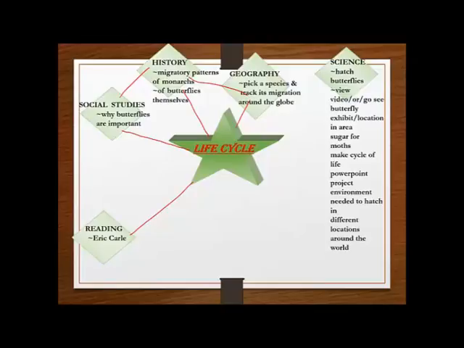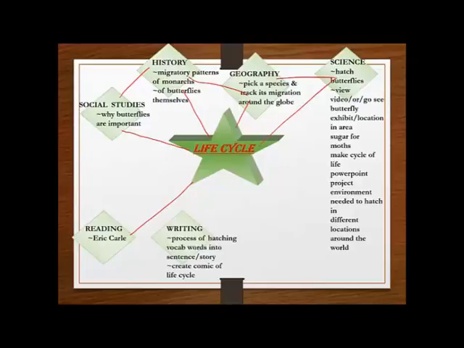We can sugar for moths, make a life cycle PowerPoint. We can do a project for the environment needed to hatch it in. We could do what that means around different locations in the world. All right, and then our science connects definitely to our geography as well as to our life cycle.